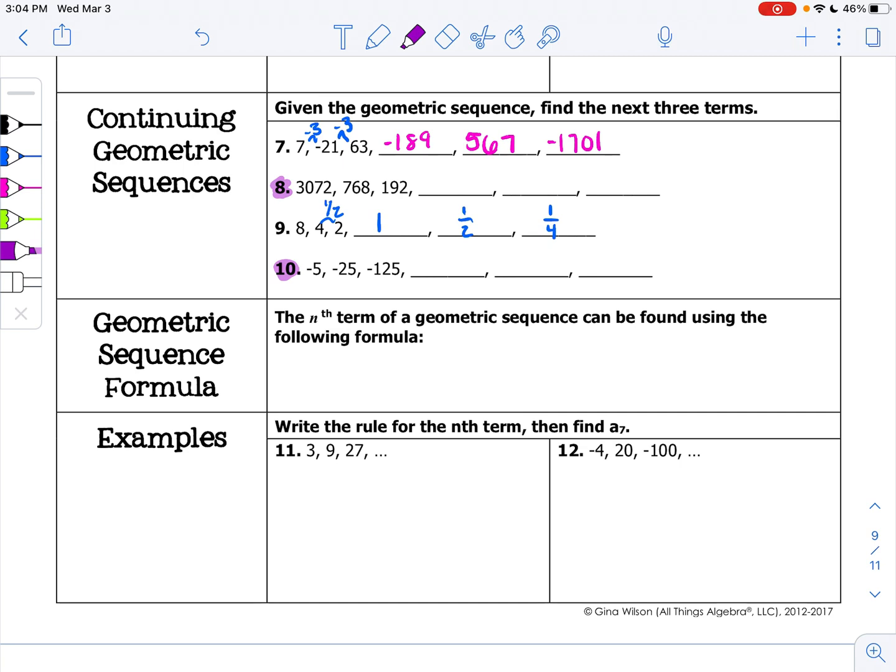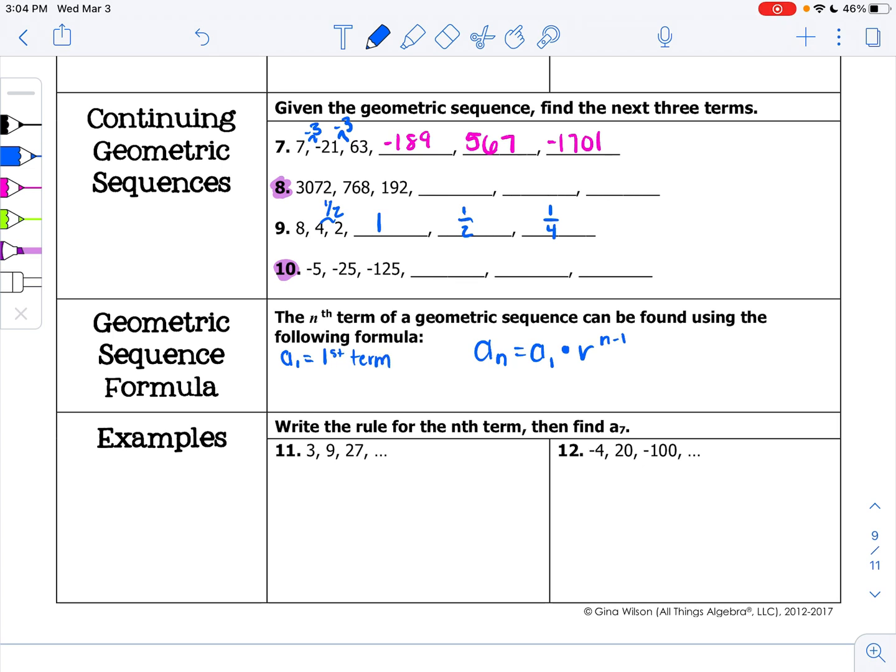So the formula that you're going to use with geometric sequences is A sub n equals A sub 1 times r to the n minus 1 power. Now the A sub 1 is going to be the first term in your sequence.